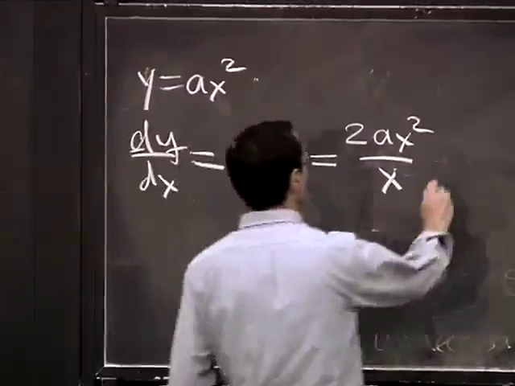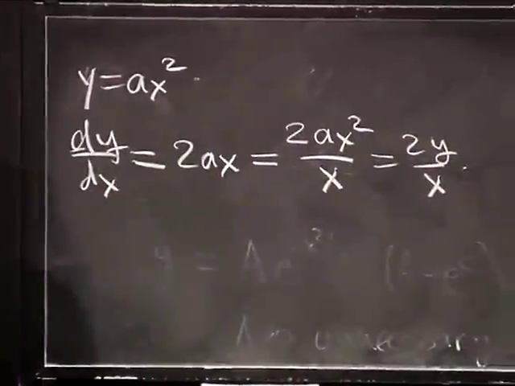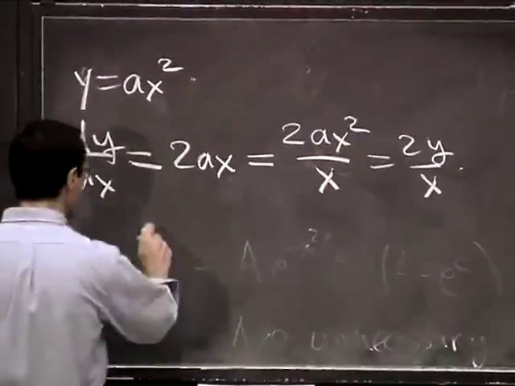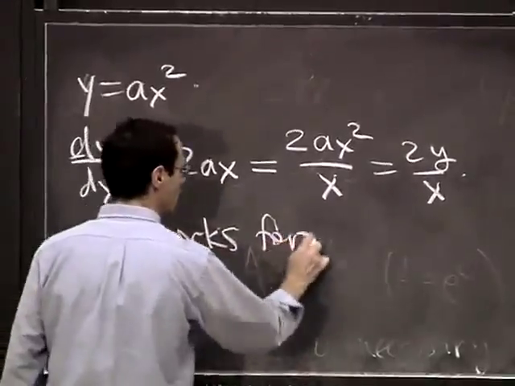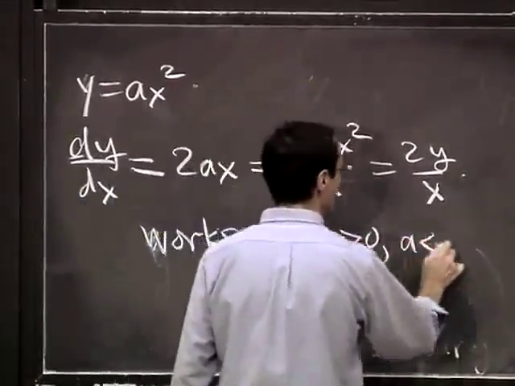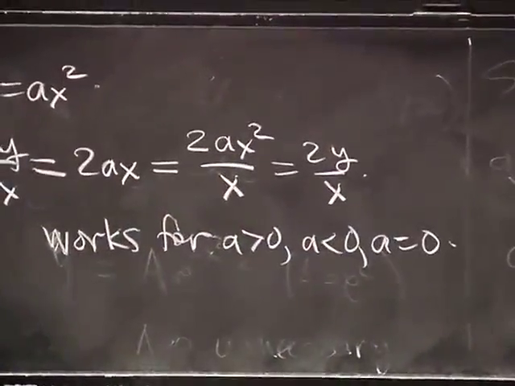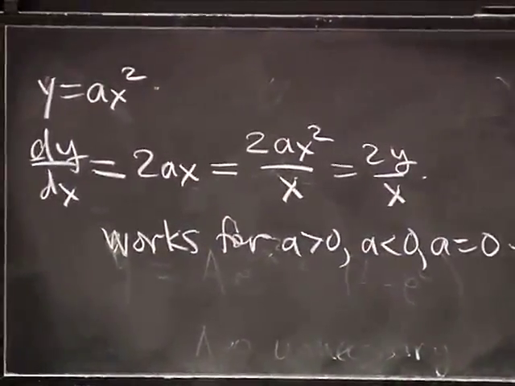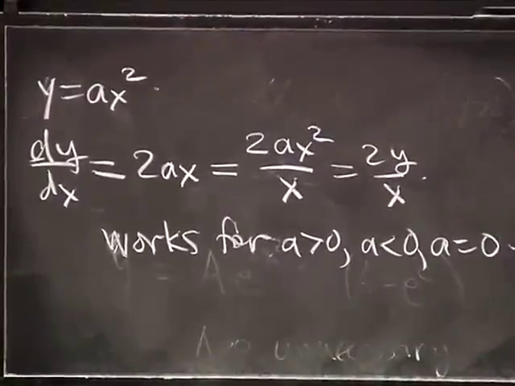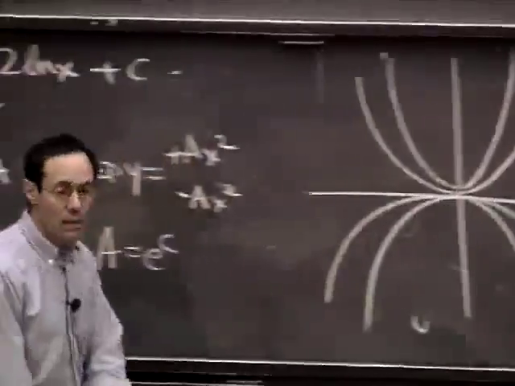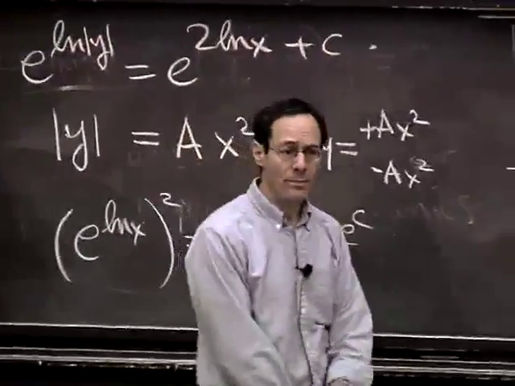And sure enough, this is 2y divided by x. Now, it does not matter whether it works for a positive, a negative, a equals 0. It's okay. Again, we didn't pick up by this method the a equals 0 case, and that's not surprising because we divided by y.